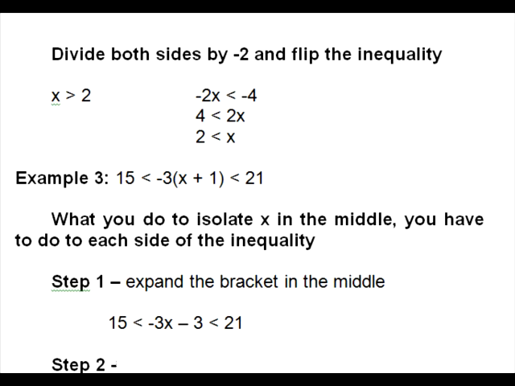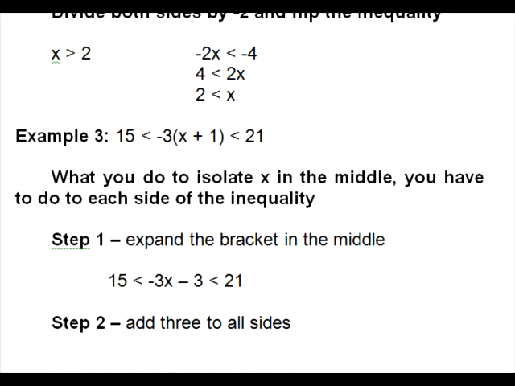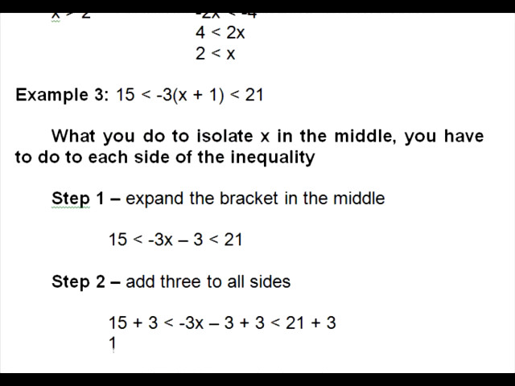Step 2, you want to have just a plain x in the middle, so I'm going to get rid of the negative 3. So I'm going to add 3 to all sides. So I'm going to call that 15 plus 3 is less than negative 3x minus 3 plus 3 is less than 21 plus 3. Which is 18 is less than negative 3x is less than 24.